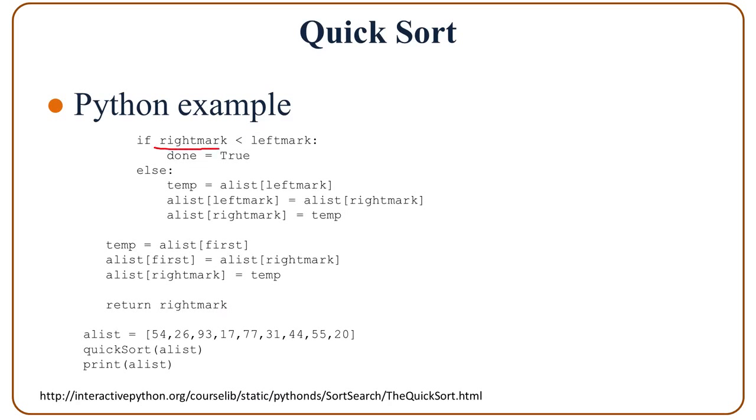If the right mark and the left mark haven't crossed each other, then we switch the left mark and the right mark, just like illustrated in the previous slide. And if eventually the right mark crosses the left mark, then we set done to true and we stop the outer loop.